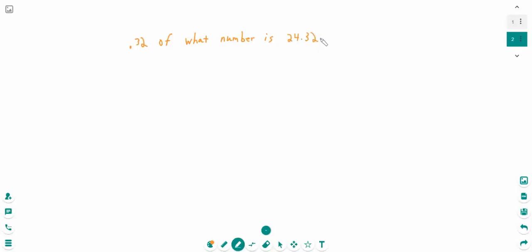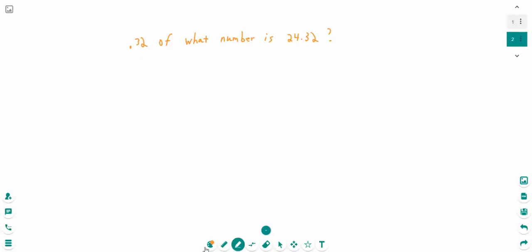This is very similar to our fraction problems. There's really nothing different here. The only difference really is that we're dealing with decimals instead of fractions and whole numbers. So the numbers look a little bit different, but the process is totally the same.